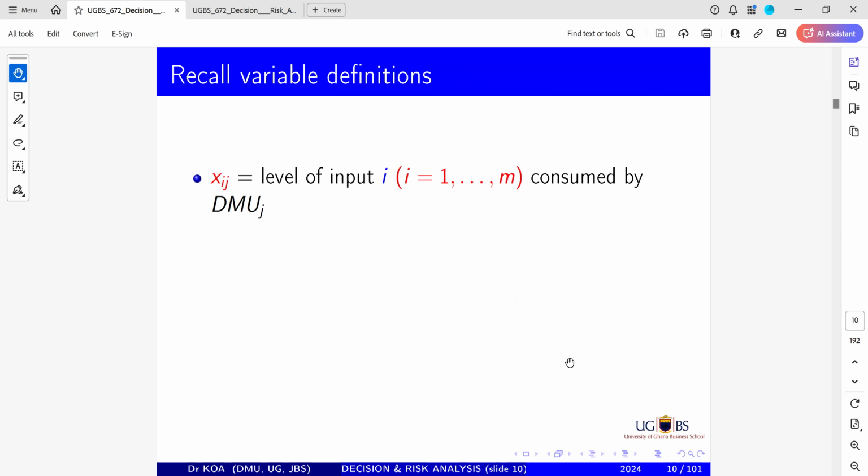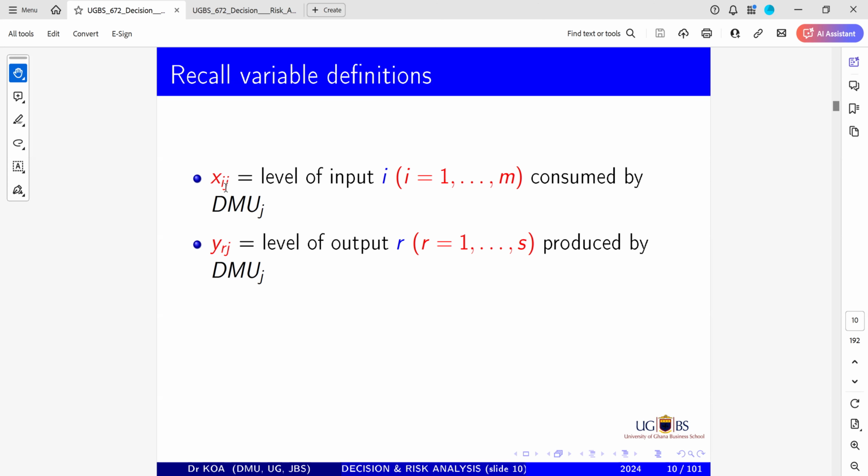What are the inputs? The inputs are many, and each input for each DMU is given by Xij. Each input for each DMU. Okay, so you can have a DMU with 4 inputs. So in this case, I will be 1 to 4. And then you can have the same DMU with 6 outputs.